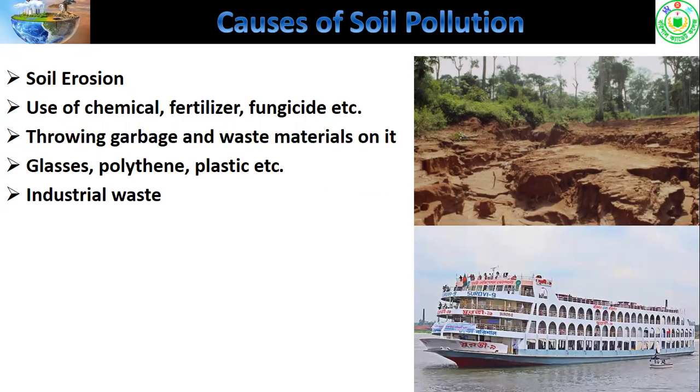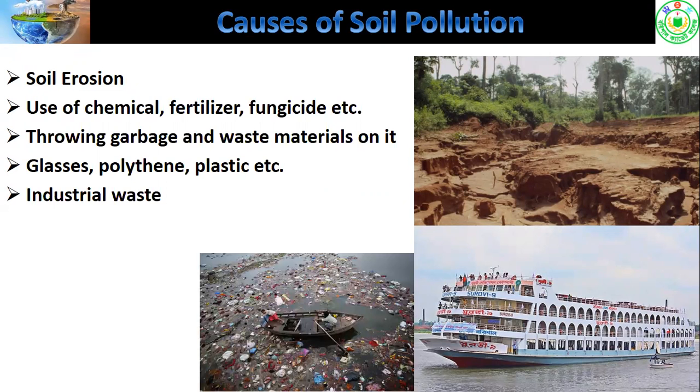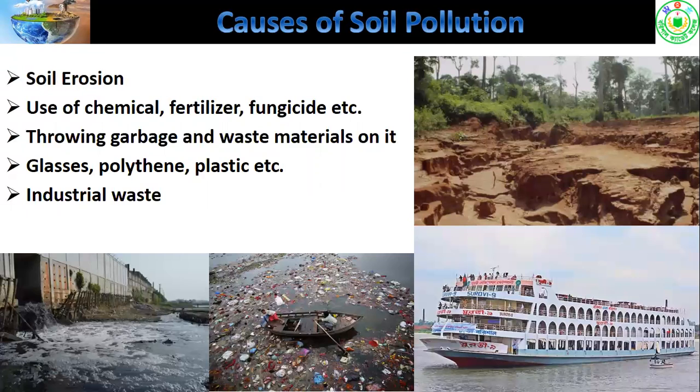Then water vehicles throw their waste material in the river, and by this the river water gets polluted. See what happens. And industrial waste material is being discharged on water bodies, and as a result soil gets polluted.